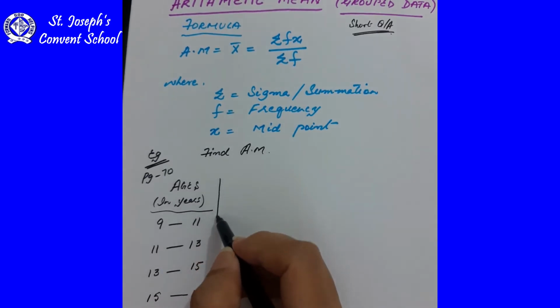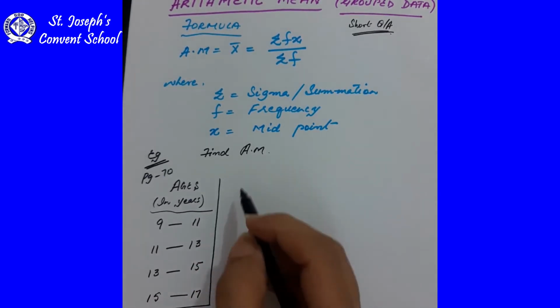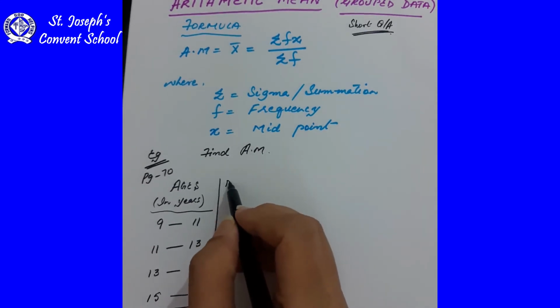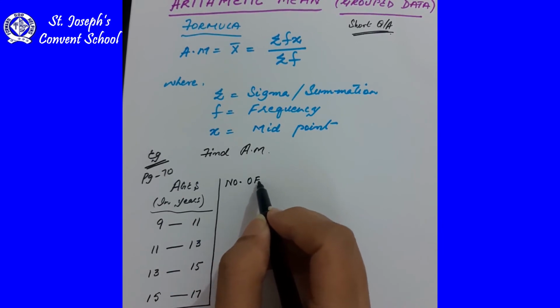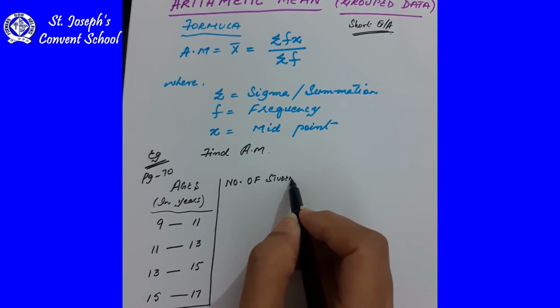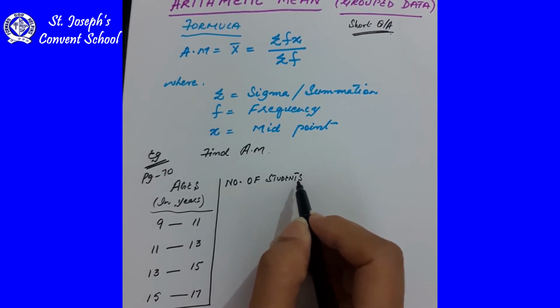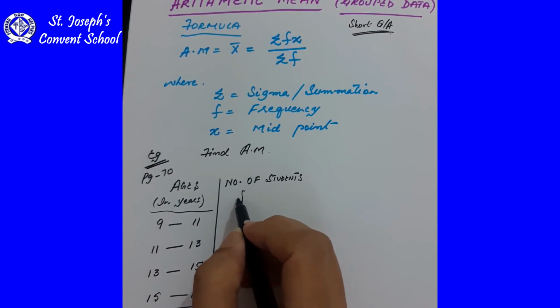Then there is the second column in which they have mentioned how many are there. It is known as number of students. This is the second column, number of students, and this is known as F, frequency.